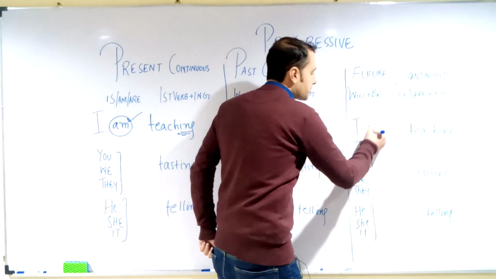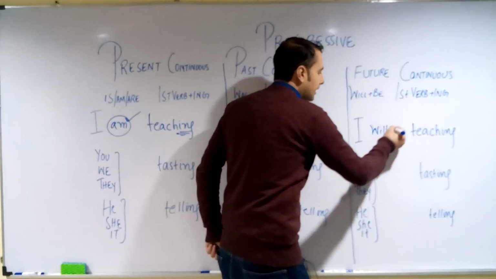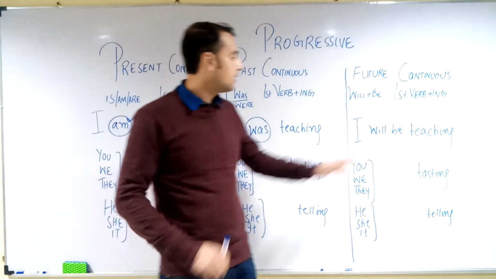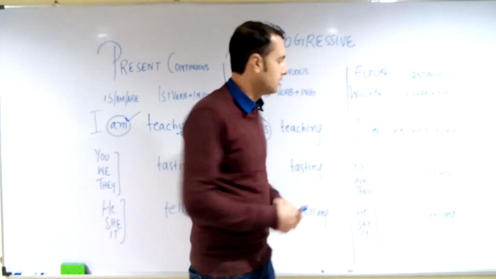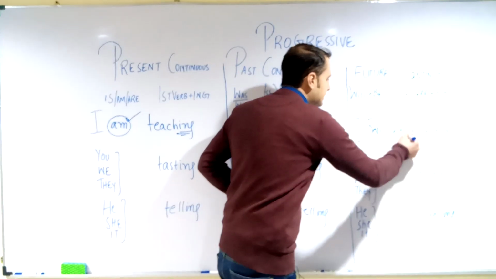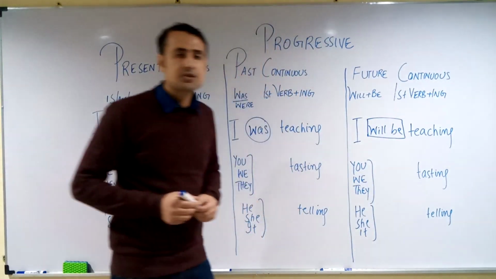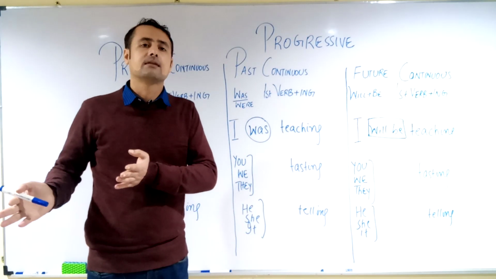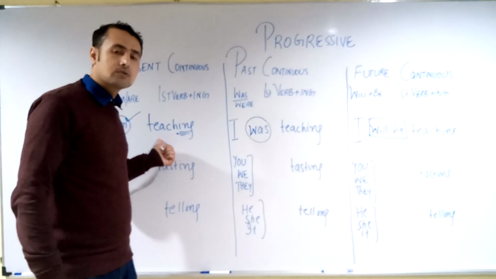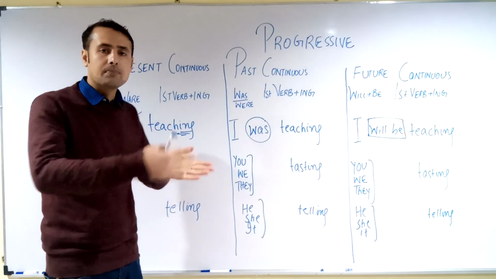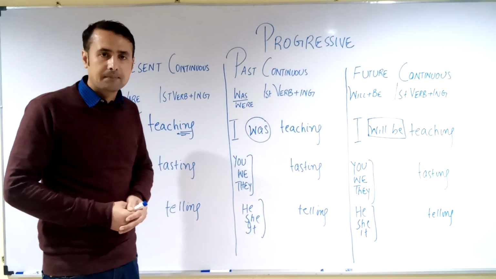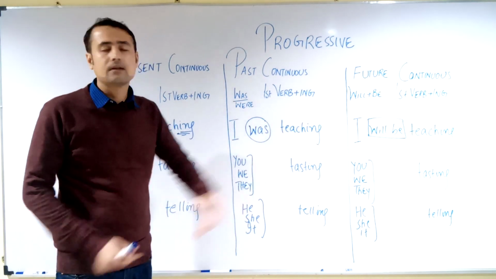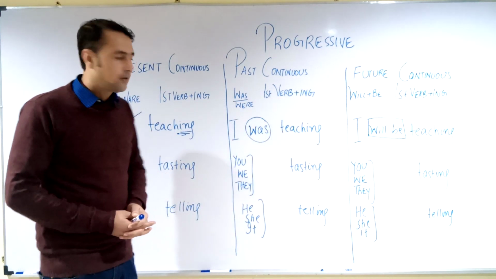If I put here I will be teaching, so will be मैं पढ़ा रहा हूँगा. These indicators bring changes in accordance with present, past and future time, because ing is common in all three tenses.